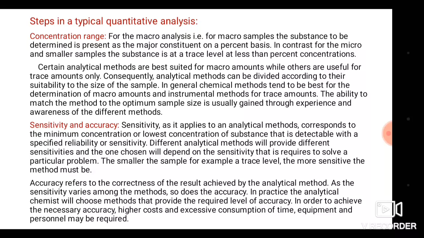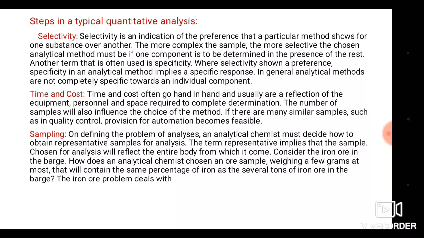So if you are going to analyze the sample with greater accuracy and sensitivity, then it may require higher cost, more time, and more sensitive equipment and personnel. So this is about sensitivity and accuracy.